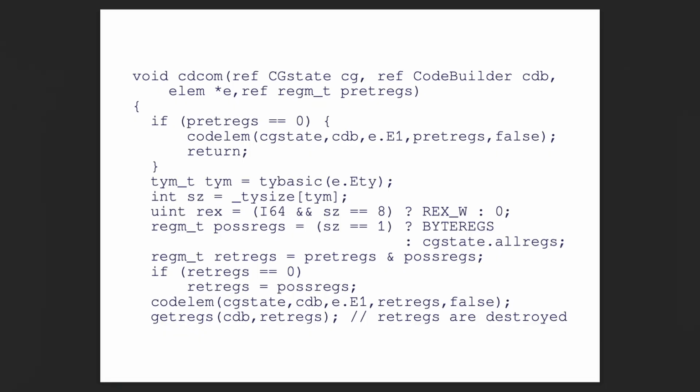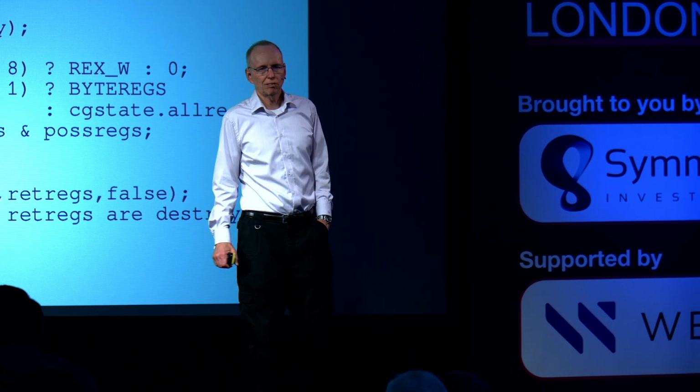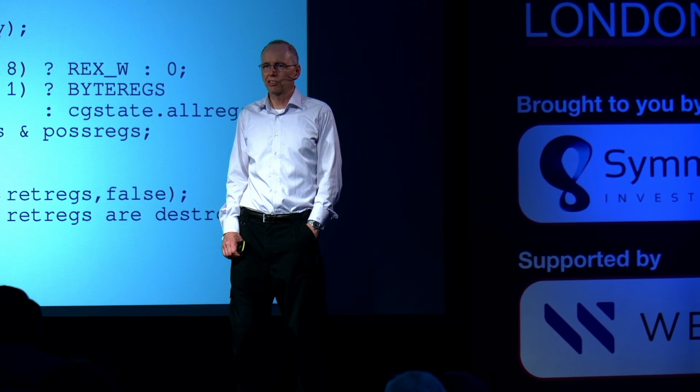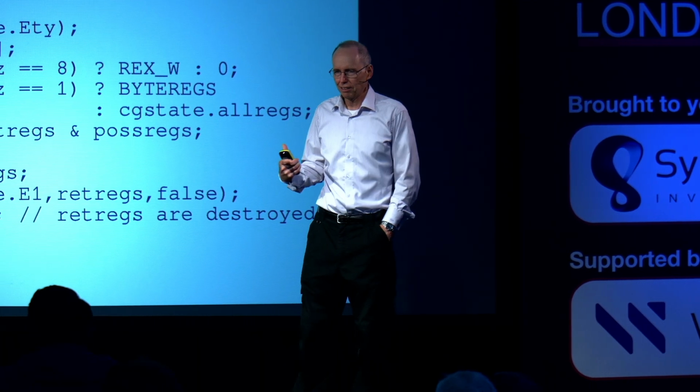And then you have this thing called a reference to regm_t, the register mask, and pretregs. And this is a very crucial piece of information. With pretregs, you go into it with a mask of registers that I want the result to be in.